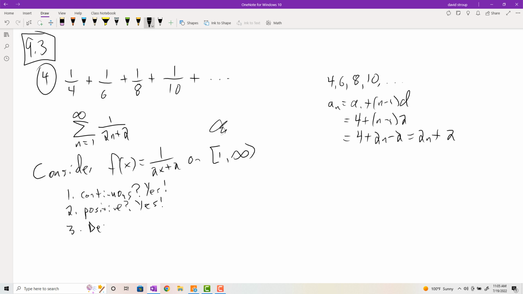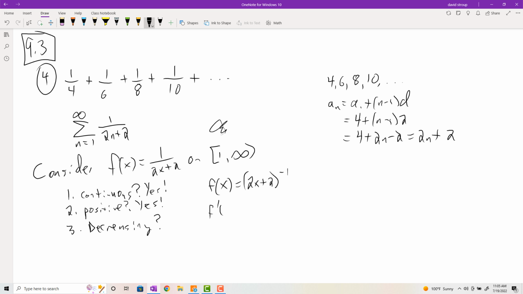Okay, so for the decreasing part, the way you would do that is via a derivative, and then just mention that the derivative is negative, less than 0. So let's get the derivative, rewriting f of x so I can do a power rule and then a chain rule.